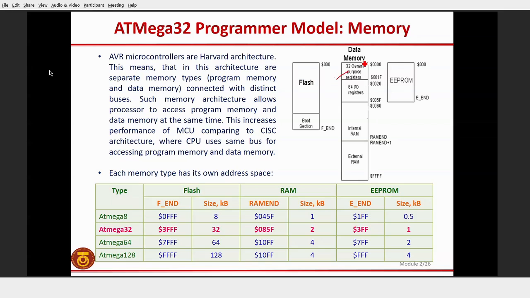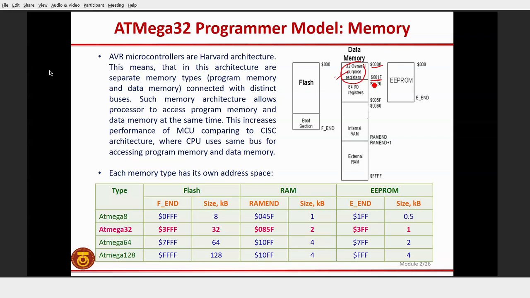It's important for you to know that there are 32 general purpose registers. They start from zero in the data memory and end at 1F. Why not 32, or why not 31? Because this is hexadecimal.